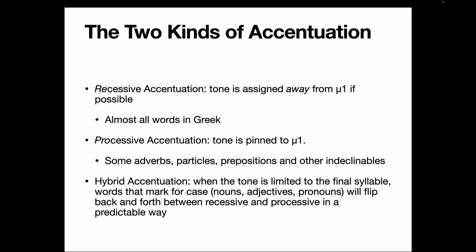And whenever the tone is going to end up in the final syllable, and we'll talk about when that happens, when it's going to end up in the only or the final syllable of a word, and that word is one that uses endings to mark for something called case, these are going to be nouns, adjectives, and pronouns, those words are going to flip back and forth between recessive and processive accentuation in a predictable way, in a predictable pattern. And we'll have one rule that'll tell us what that pattern is.